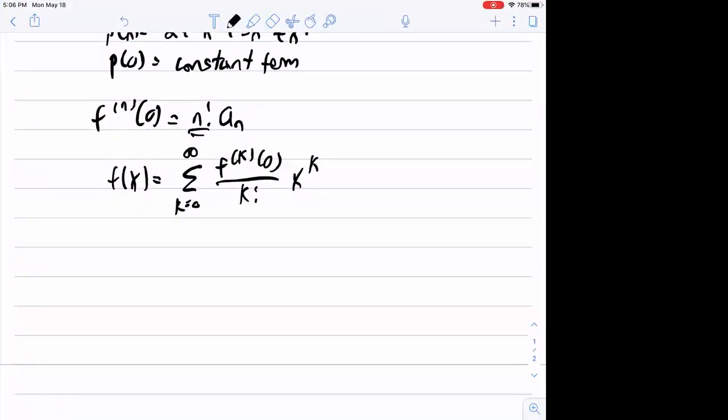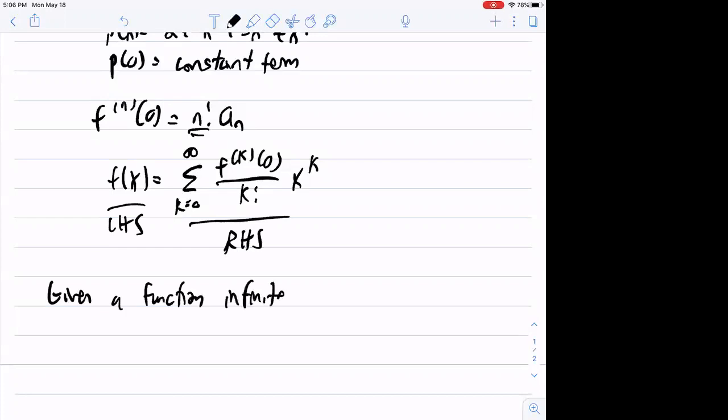So note, this is the left hand side, and this is the right hand side. Let me say, given a function that is infinitely differentiable, the right hand side makes sense. So now let me put g of x, just so we don't confuse it with f of x.